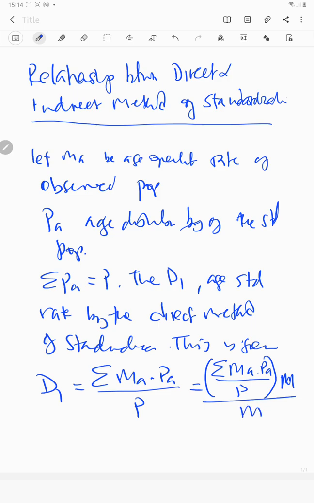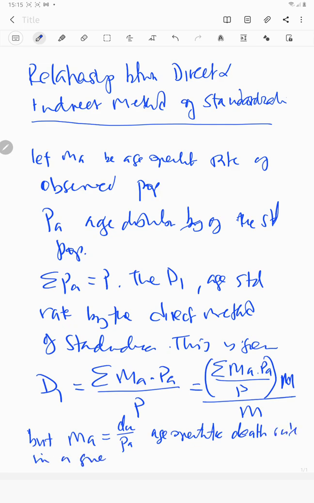Now, in this case, we can say that MA is equal to DA over PA, which is equal to the age specific death rate in a given area, and the capital M is the crude death rate of the standard population.